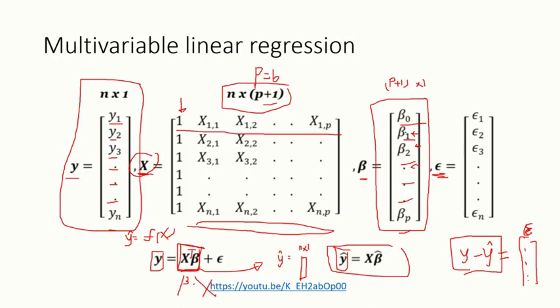Say I want to change beta 1 from 0.5 to 0.52, and then see whether after the matrix multiplication, the difference between y minus y hat becomes smaller overall. Okay, you take a norm for this error term. Okay.